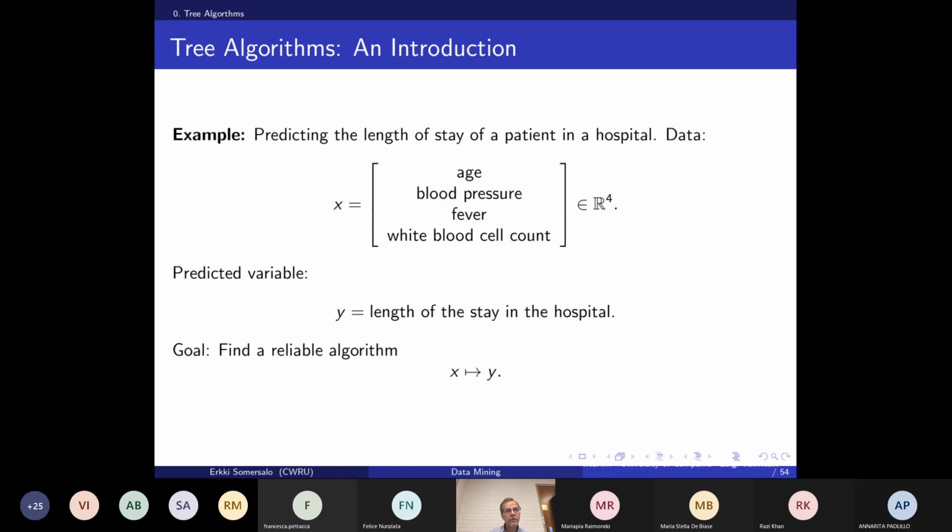The other thing that is nice, as opposed, for instance, to support vector machine algorithms, is that the tree-based methods give you a clear interpretation of what your decision is based on. So you just follow the tree structure and you see what sequence of yes or no answers brought you to the conclusion that you have at the end.